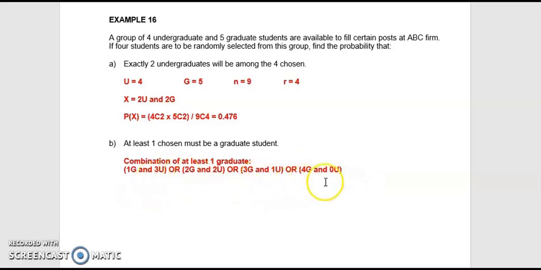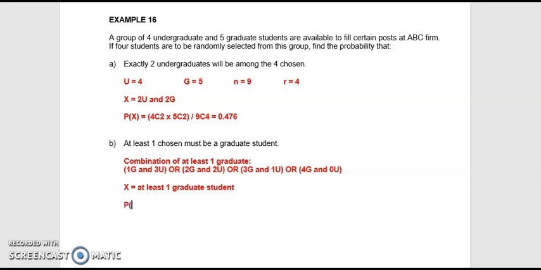Now apply the combination. Let's say here I put again x is at least one graduate student.